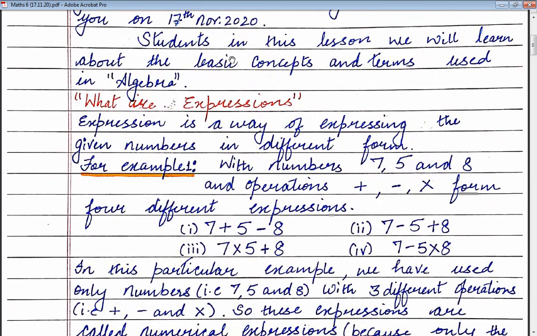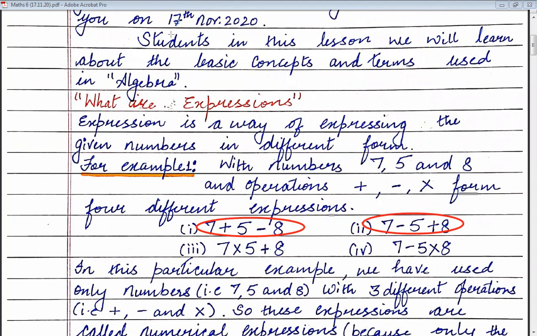In these expressions, we have used only numbers. Students, can you see that in the first expression, we have used only numbers? Even in the second one also, we have used numbers. Third and fourth also.